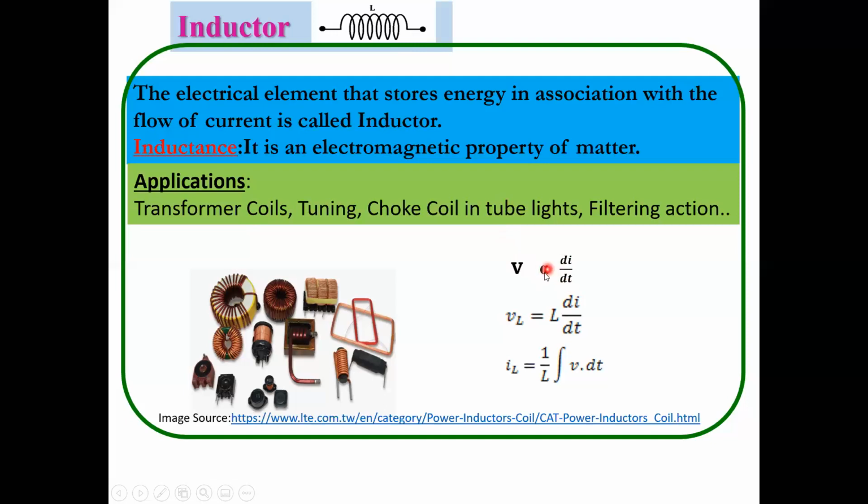Removing the proportionality constant, we introduce L. L is nothing but the inductance. It's a property. From this equation, we can derive the current. Bring L to this side, 1 by L, and integrate both sides. We get the current equation: I is equal to 1 upon L integral V dt.